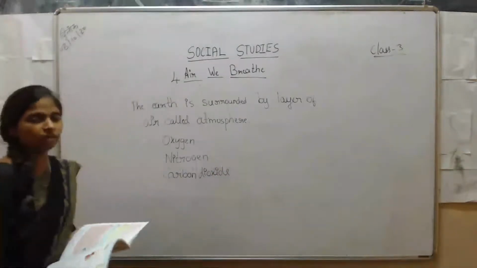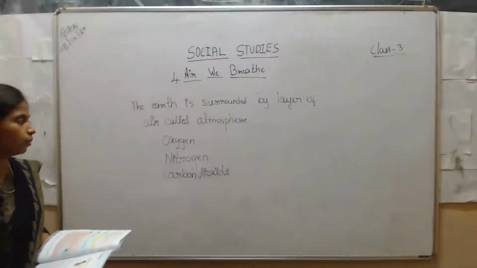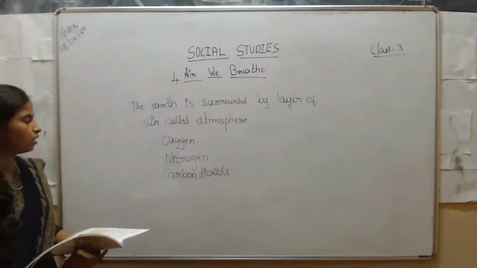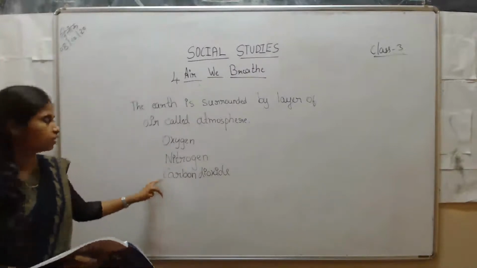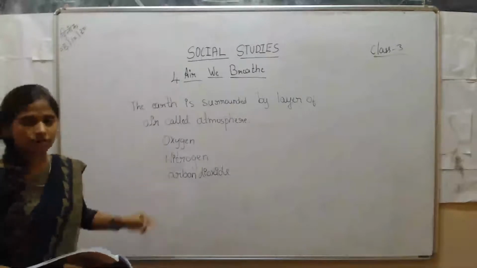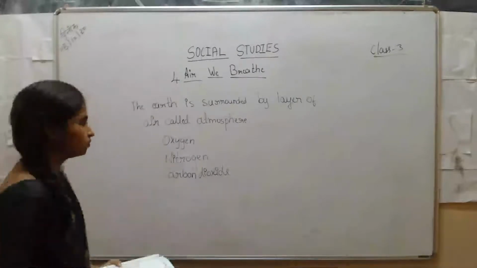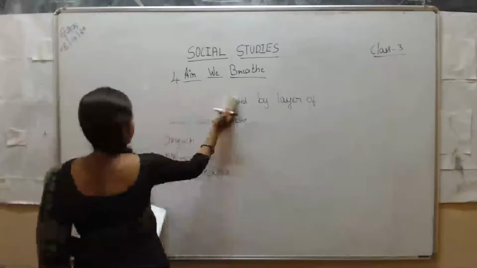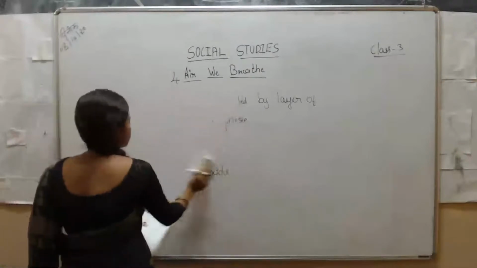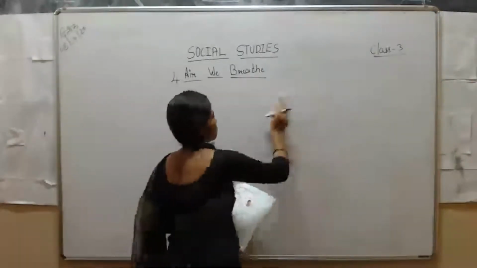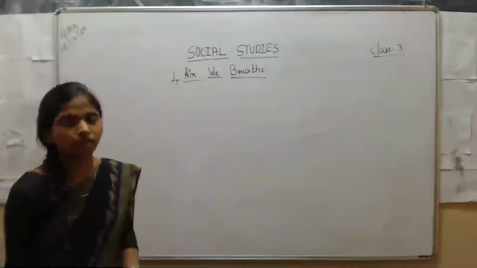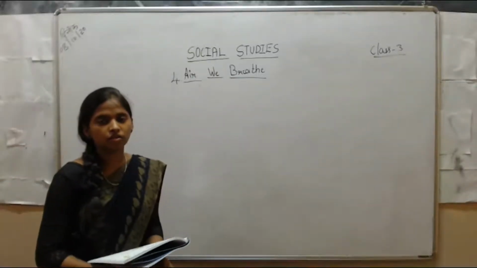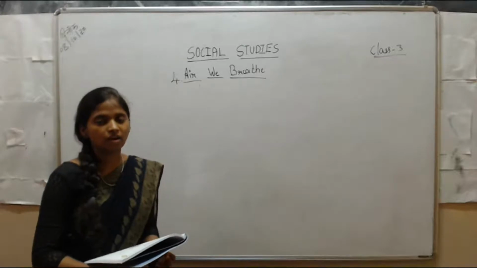Yes, students, our atmosphere is made up of so many gases. So these gases are oxygen, nitrogen, and carbon dioxide. So we'll see what is the importance of oxygen at first. Students, oxygen is very necessary for breathing. So the air we breathe in is a gas, oxygen.